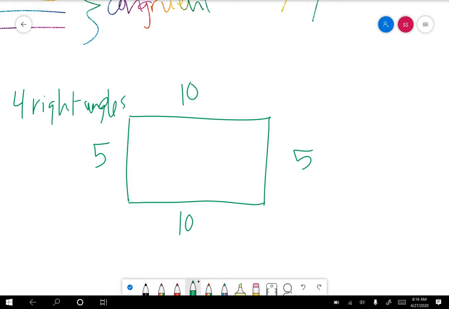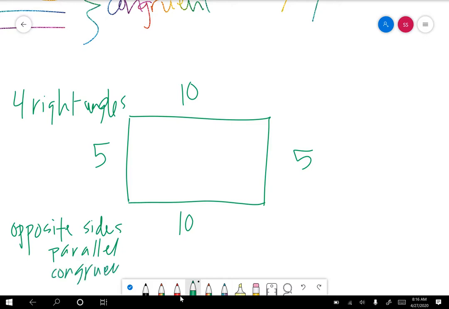And they also have the fact that opposite sides are both parallel and congruent. Okay, so let's say that you're given this shape and you're asked to notate on the shape that there's parallel lines, there's perpendicular lines, and they're congruent. Okay, so how do we do that?